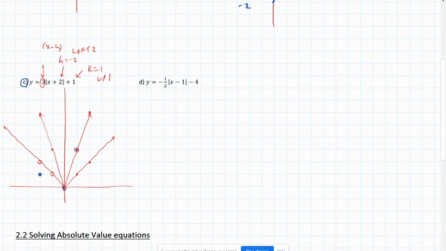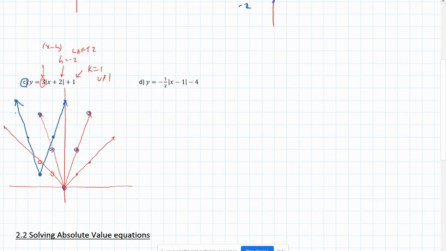This point moves left 2 and up 1. This point moves left 2 and up 1. This point moves left 2 and up 1. And this point moves left 2 and up 1. And so we see now that our final graph looks like this. So the blue graph is our final graph.